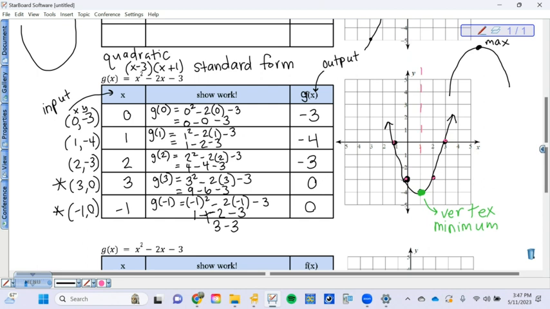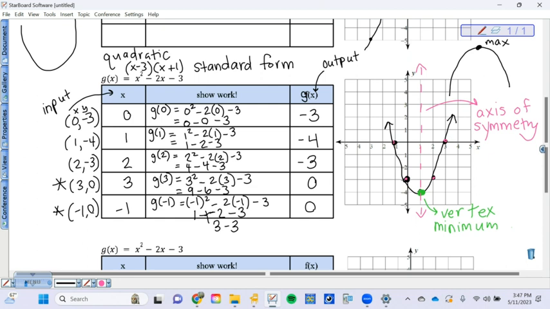This line through the middle of my parabola goes through my vertex. If I were to fold the parabola in half, it would be along that line. What's the word for something that is the same on both sides? Symmetrical. Good. This line is the axis of symmetry. So parabolas are symmetrical, which can be very useful information.